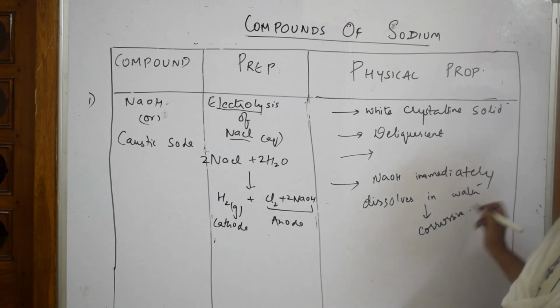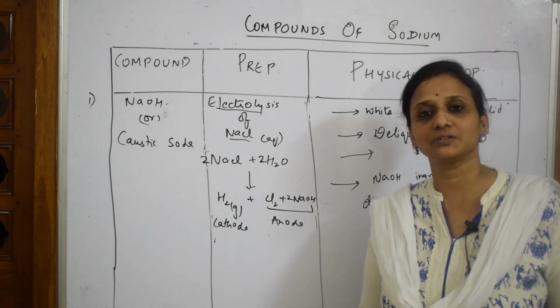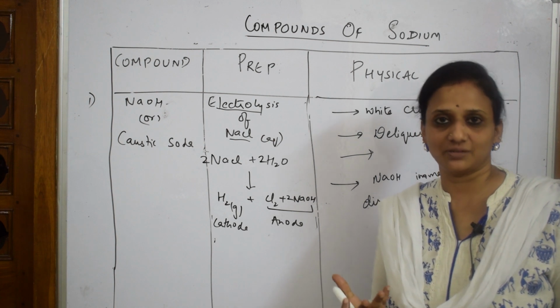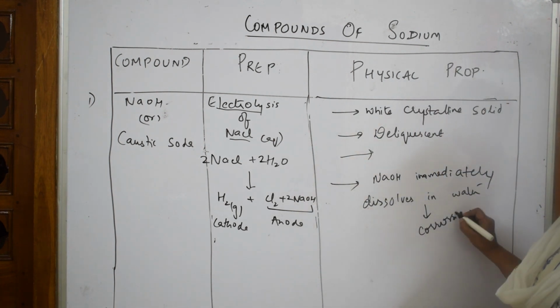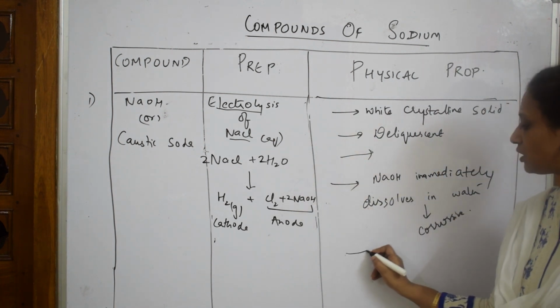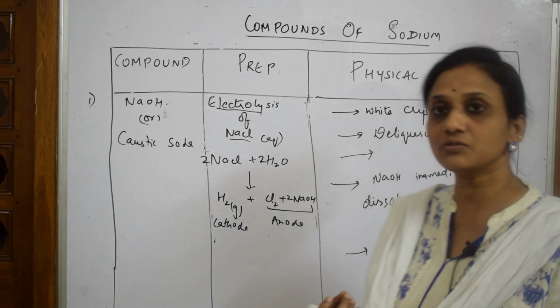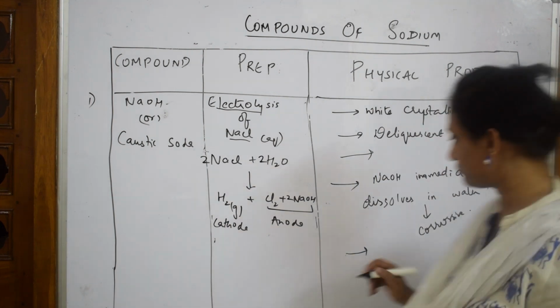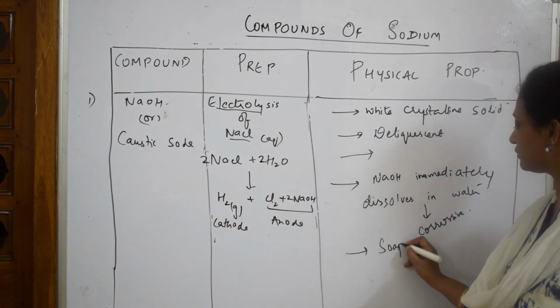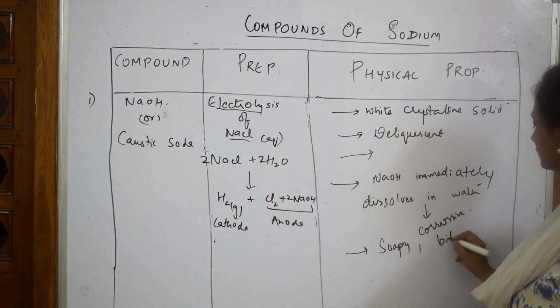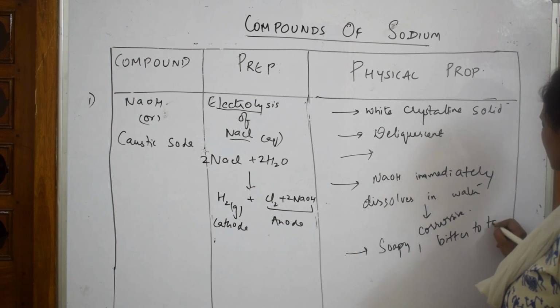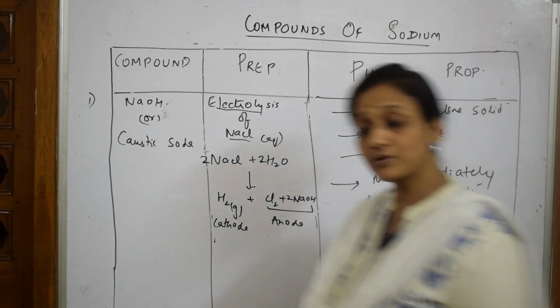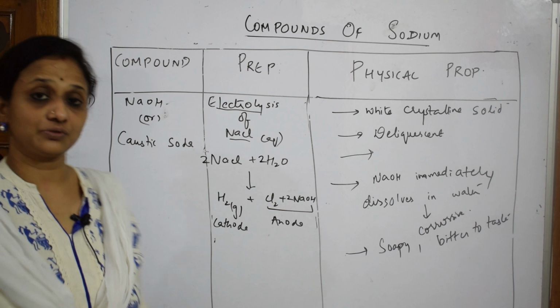Corrosive means eating up, correct? Along with that, sodium hydroxide, caustic soda, is soapy to touch and bitter to taste. All these are different properties, so you can also include the soapy to touch and the bitter to taste. Simple important things.